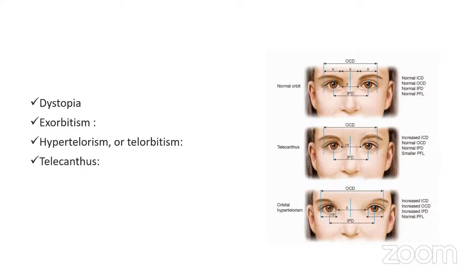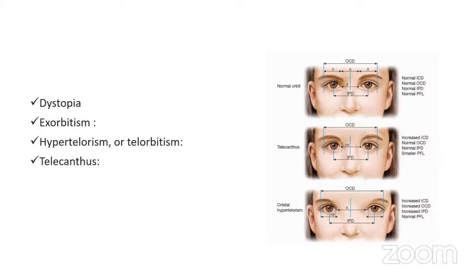So the same distance should be there between the two canthus. So if it is more than that, then it is hypertelorism. No, it is same, but intercanthal distance is more, but the interpalpebral distance is double. So then it is telecanthus. It's written on the diagram.